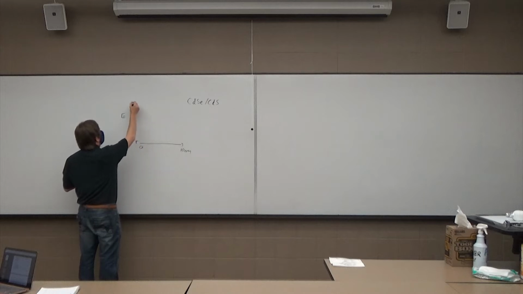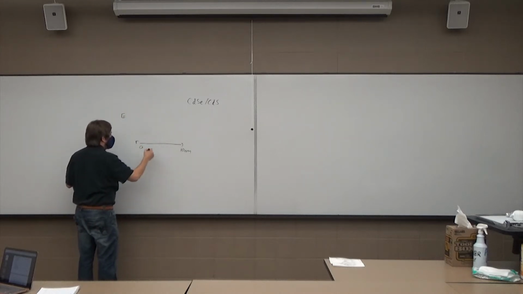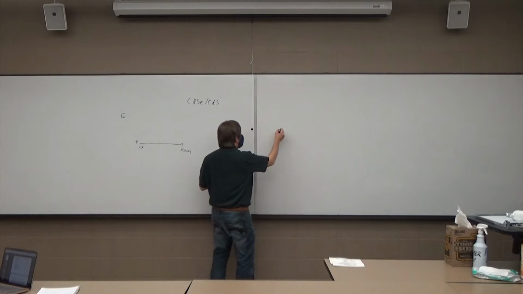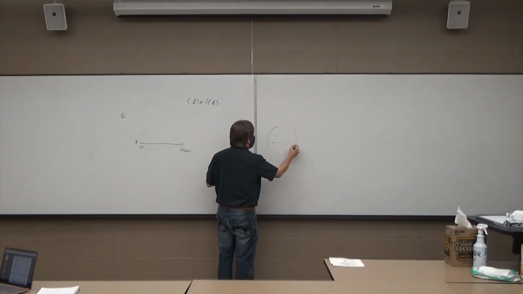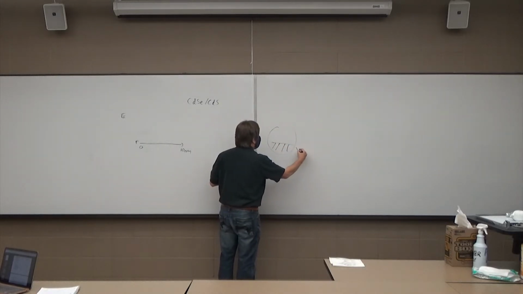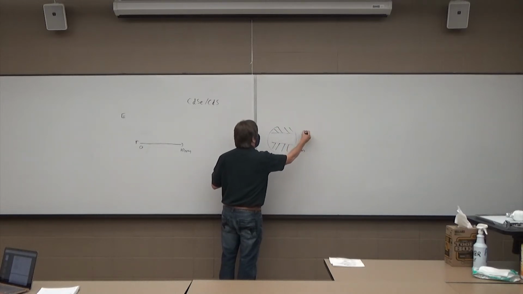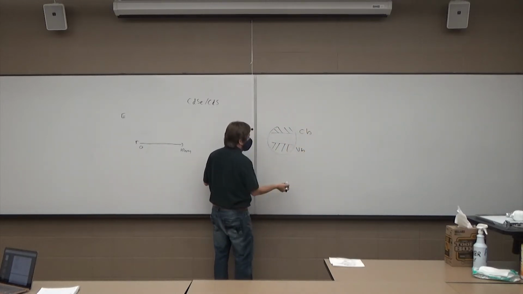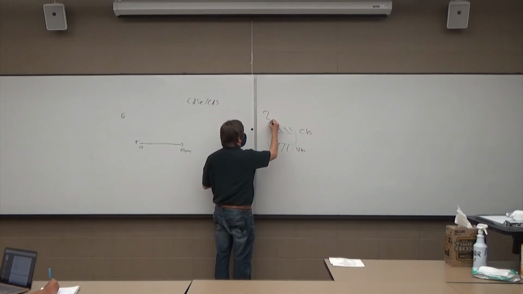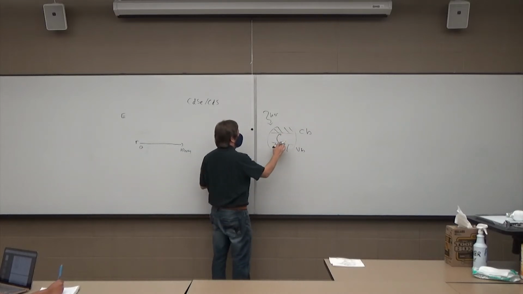In a material, you would have your valence band, and then you have a conduction band. This is for a semiconductor. Upon absorption of light, an electron goes from the valence to the conduction band.